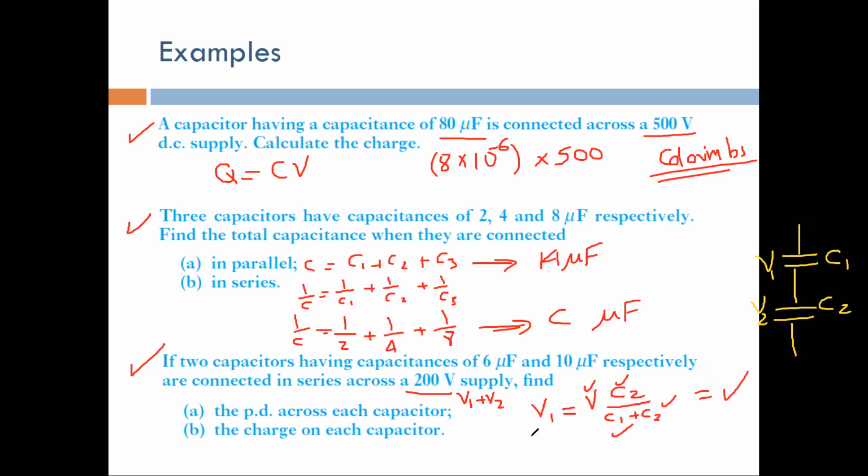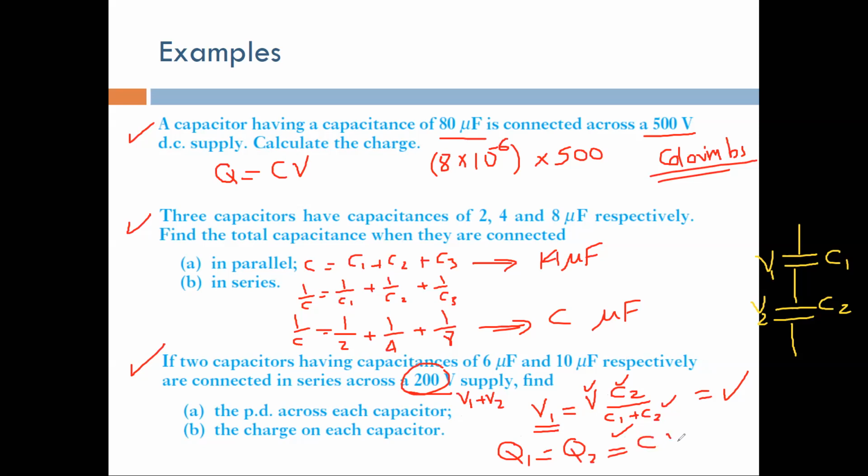You can compute V1. And once you get V1, you can either subtract it from V1 plus V2, or you can use a similar equation to compute V2, but just use C1 here instead of C2. Okay? Once you have computed V1, for example, Q1 is equal to Q2 is equal to what?